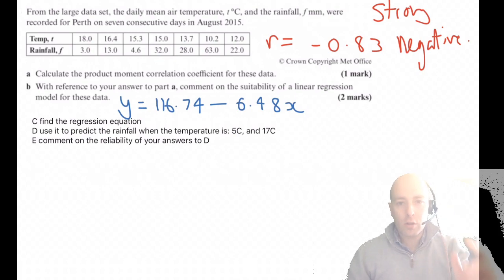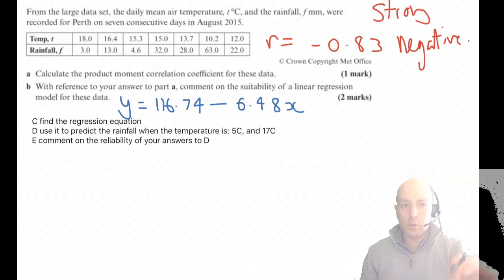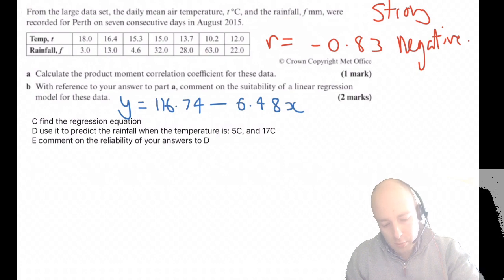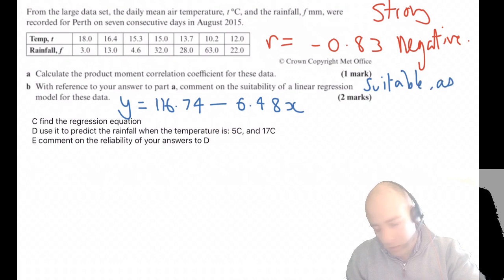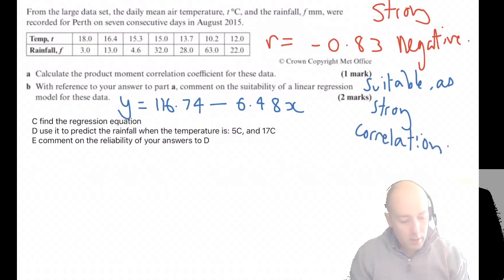So yeah, because it's strong correlation, it's suitable for a linear regression model. So suitable as strong correlation. So there's part C done as well.